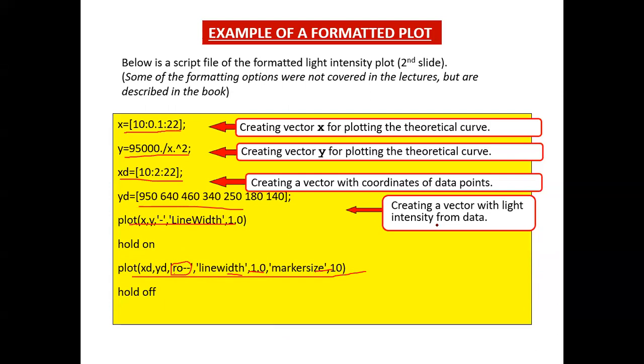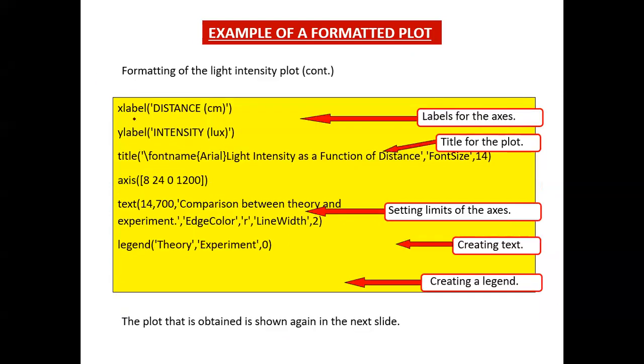This is how we generate this type of plot, and this diagram shows the result after generating the plot. Before that, we should know what values of light intensity we have.